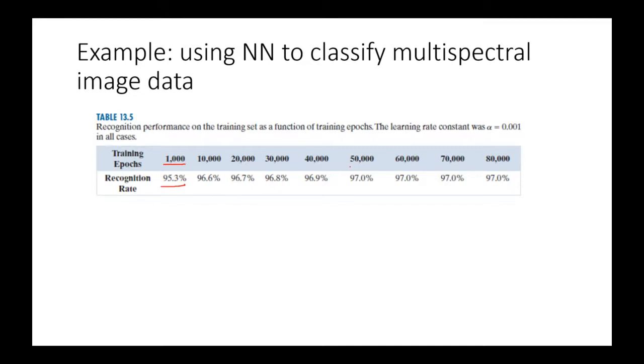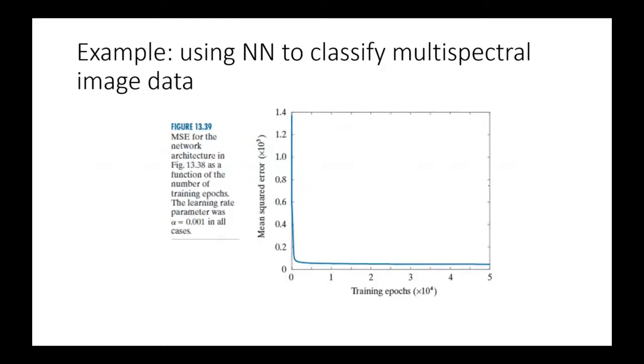We ran 50,000 training epochs, the whole training set 50,000 times, and got a recognition rate of 97%. And it sort of converged to a point, because for 60,000, 70,000, 80,000 epochs, the recognition rate wasn't improving a lot. So that's more on this problem.